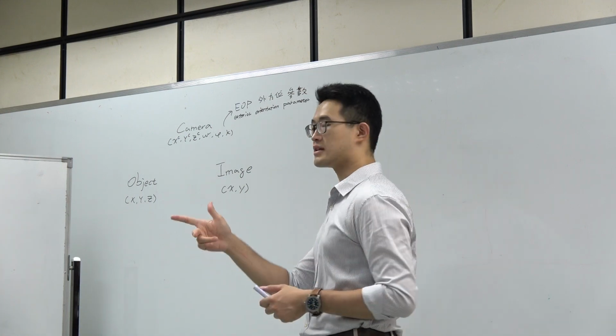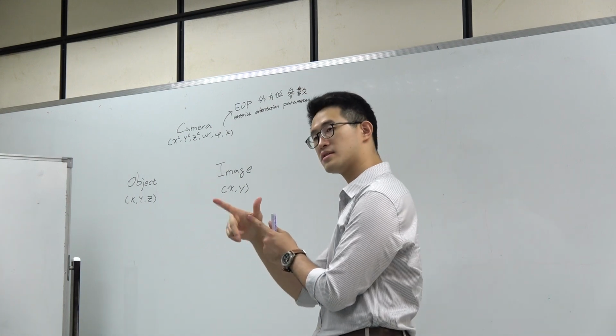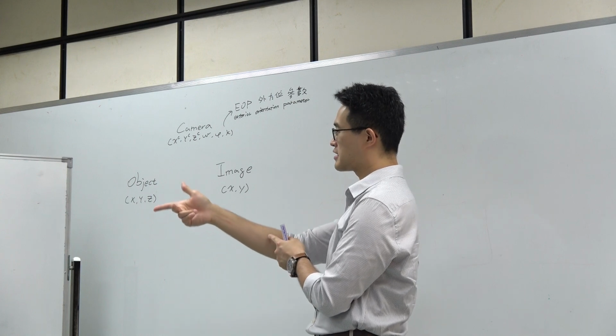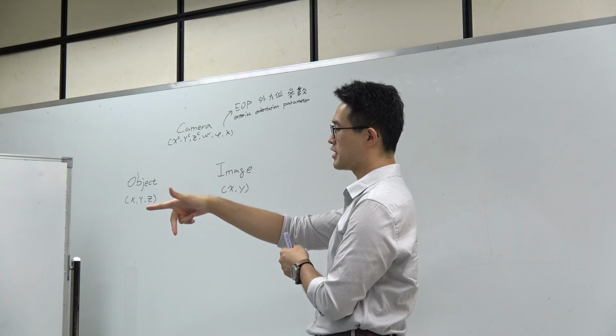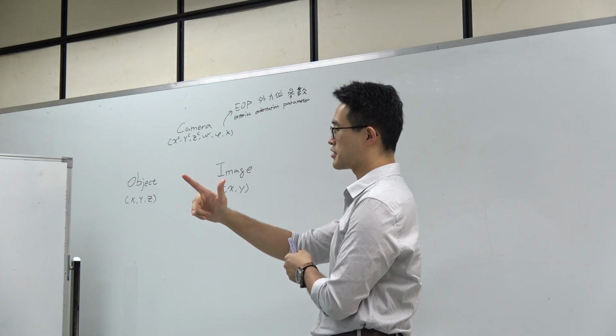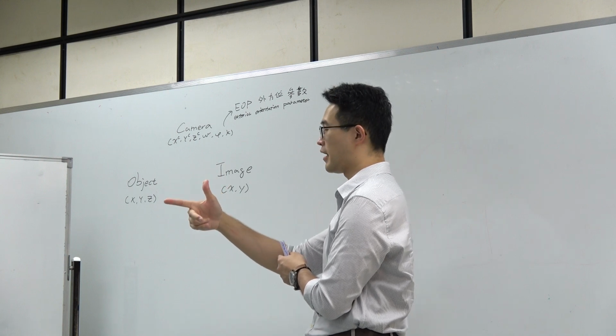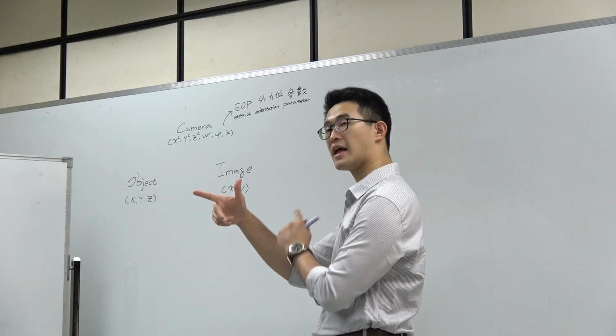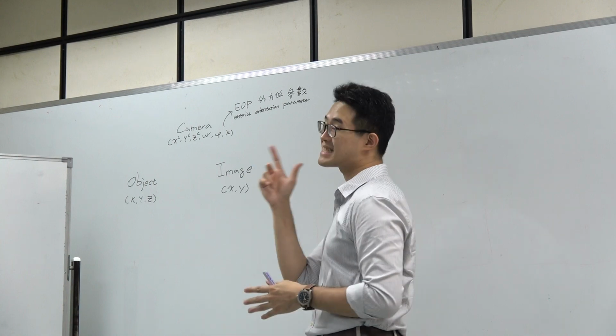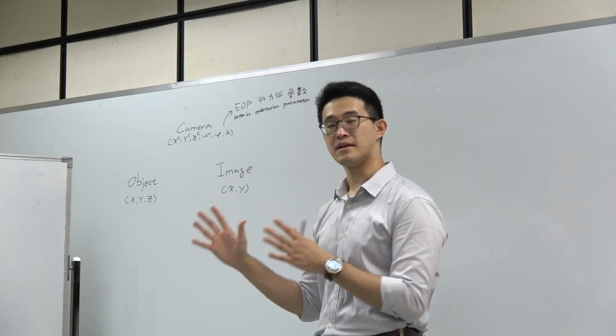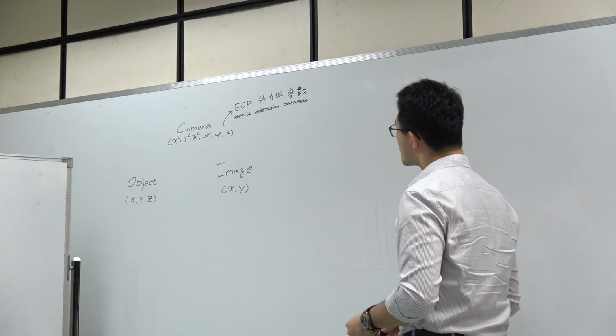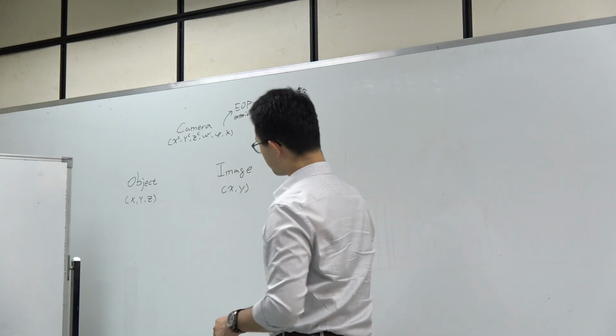It may not be easy to visualize: rotate omega for how many degrees, rotate phi for how many degrees, and then kappa. But it's easy to calculate in a mathematical format. Okay, so these are the EOPs.